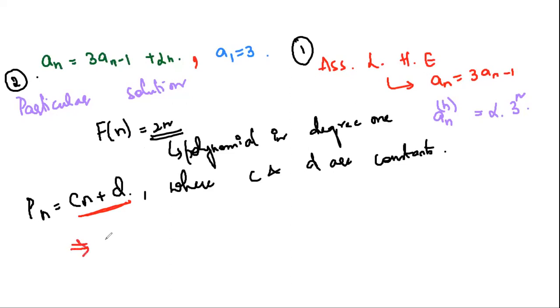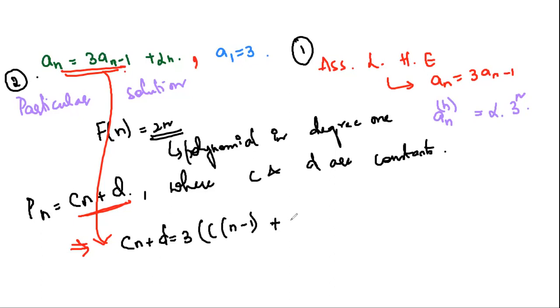Now our original equation can be written as Cn plus d is equal to 3 into C into n minus 1 plus d. Why am I writing n minus 1? Because we have a n minus 1 over here, plus 2n.